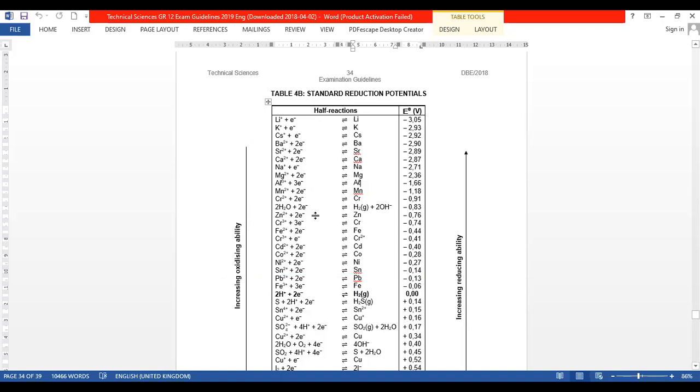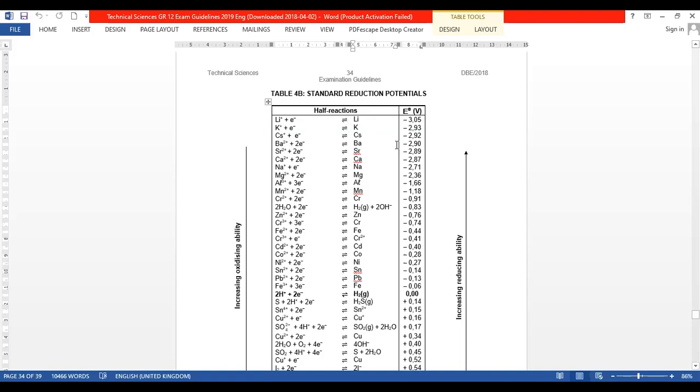when you look at lithium ion gaining 1 electron to form lithium, and potassium ion gaining 1 electron to form neutral potassium atom, we can see the E0 value of lithium ion to undergo reduction, to gain electrons, is negative 3.05, but that of potassium is negative 2.93.